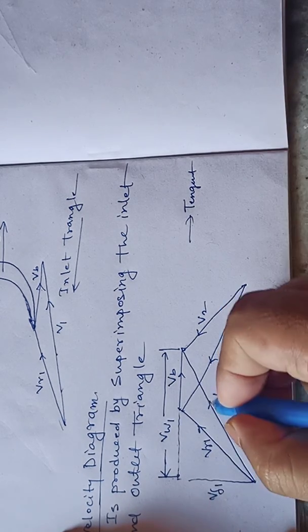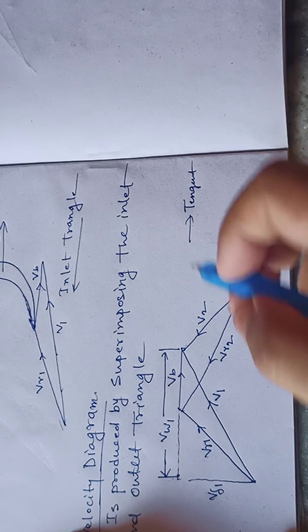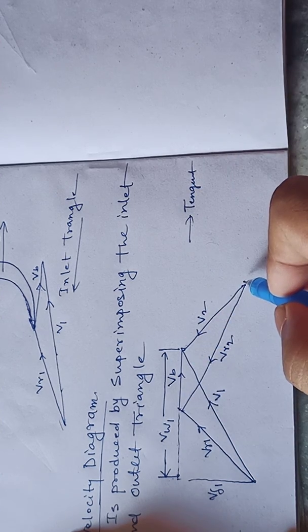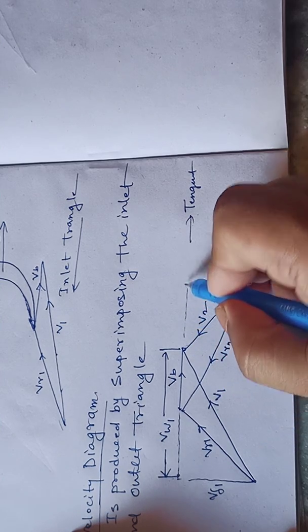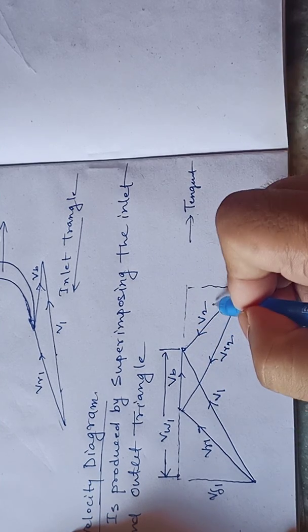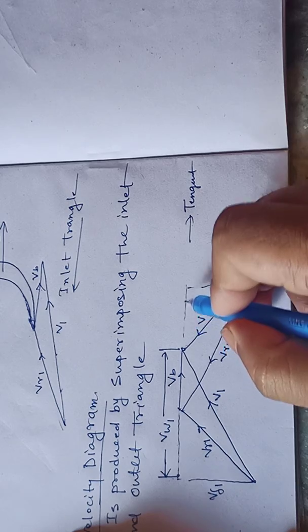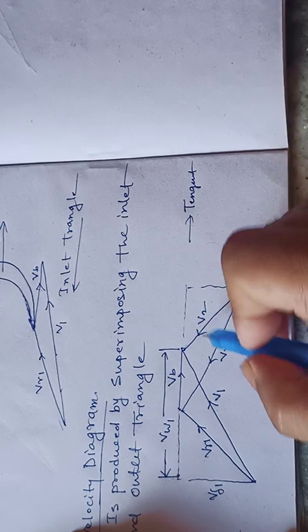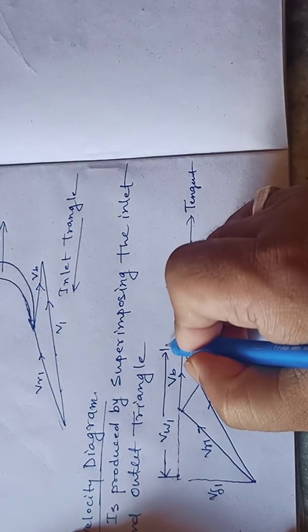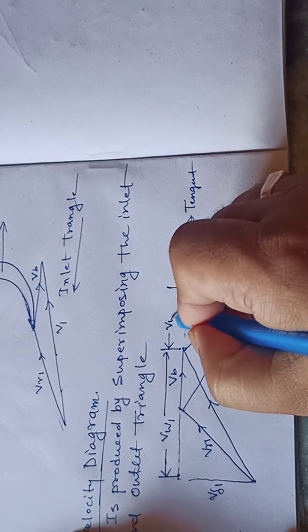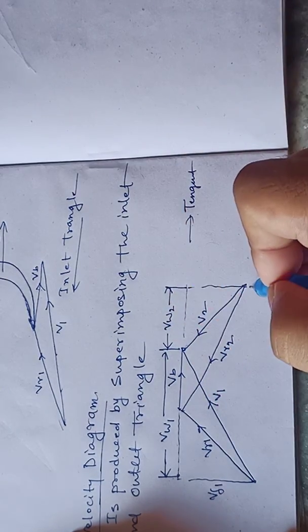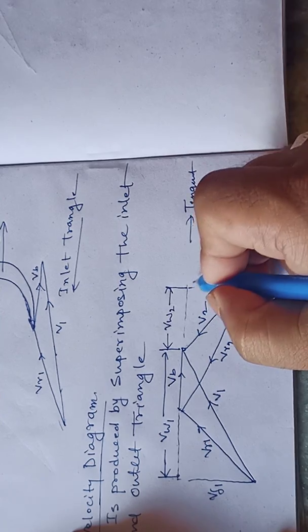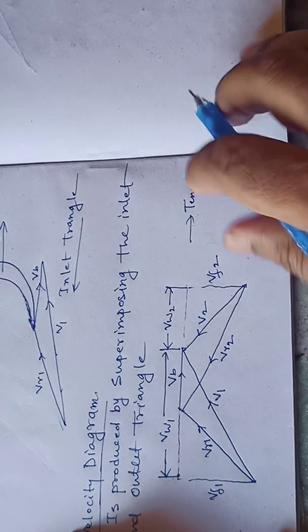Similarly, for the outlet triangle, this is the absolute velocity at the outlet. Now we can make the two components of V2. The tangential direction component of this V2 is called Vw2, and the axial direction component is Vf2.